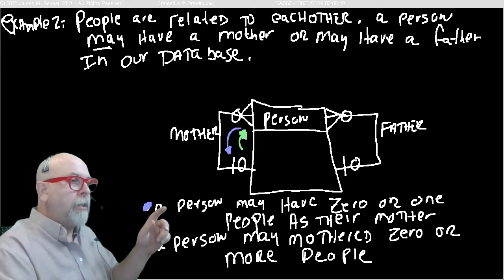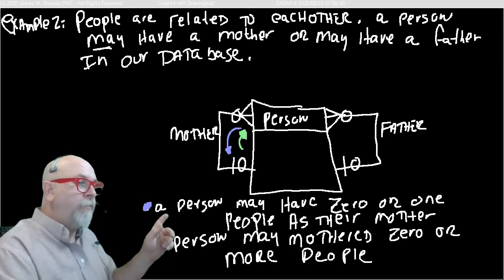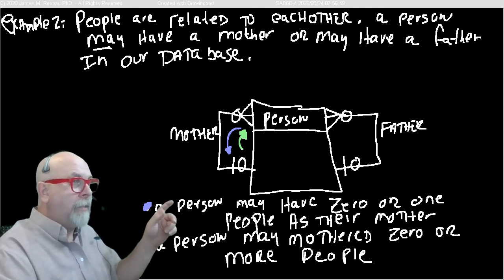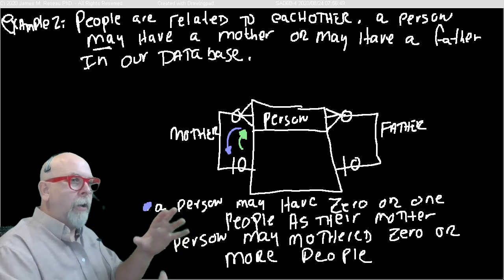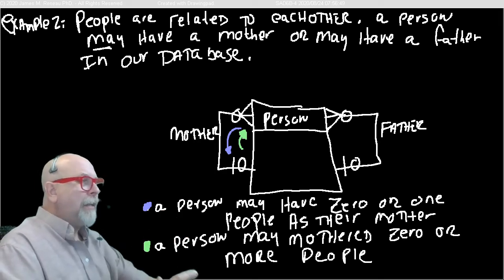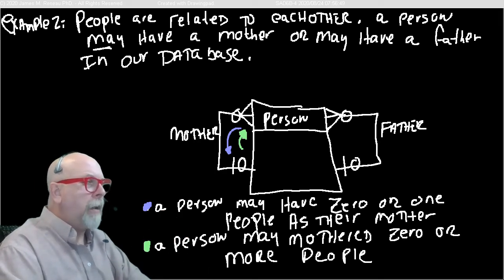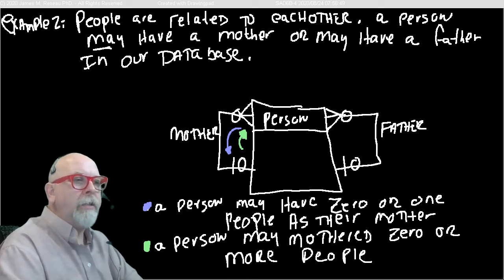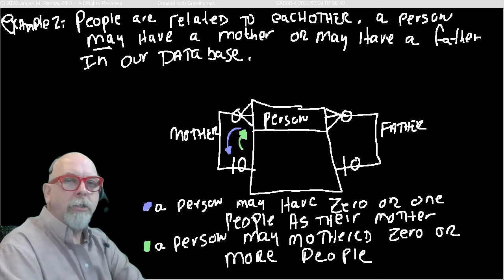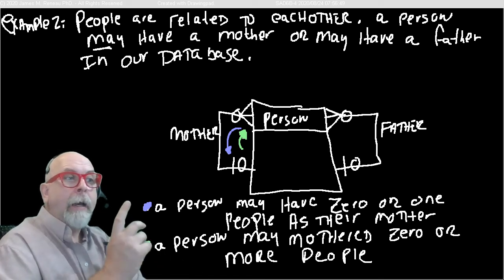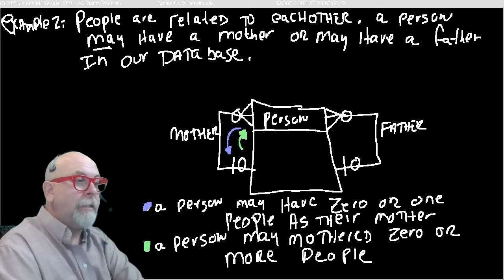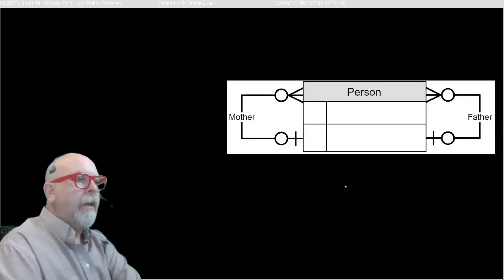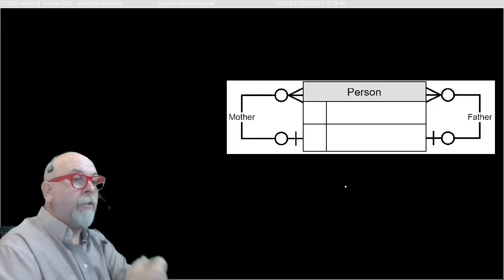So a person can have 0 or 1 fathers, and a person can father 0 or more people. So again, that's kind of a crazy example, but I wanted to show that a relationship didn't necessarily have to be between 2 separate entities. A relationship could be between the same entity in itself. Here's a pretty version of that drawn using a professional drawing program.